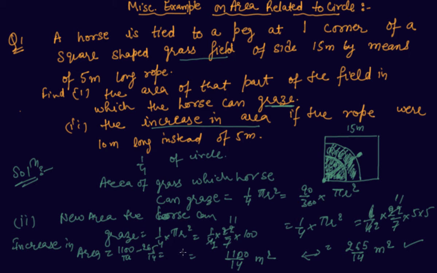So I will write directly 835 by 14 as our answer, meter square. So this is our final answer, which states that the increase in the area is 835 by 14 meter square.